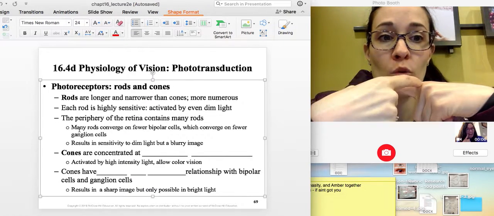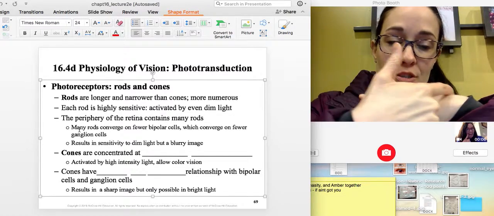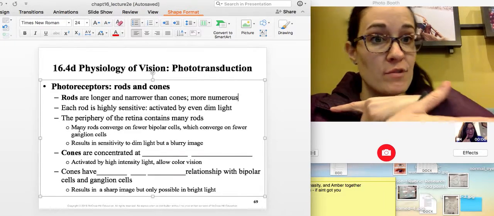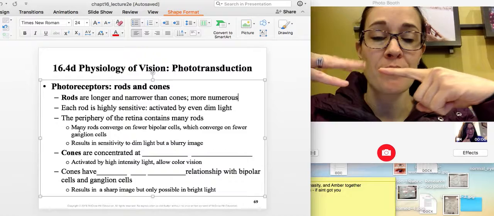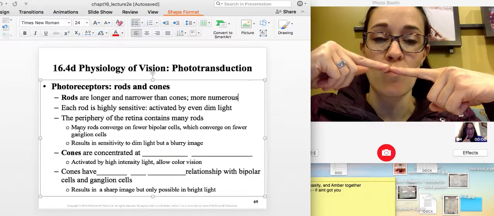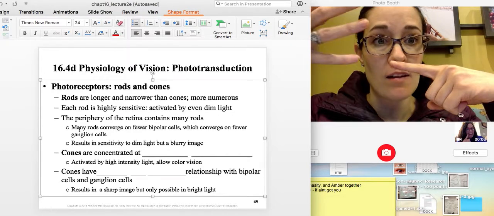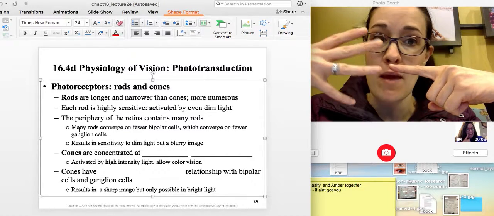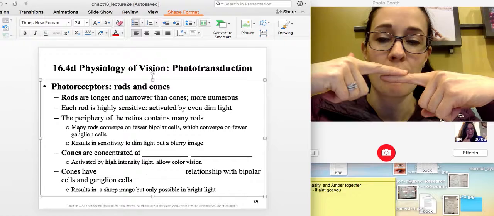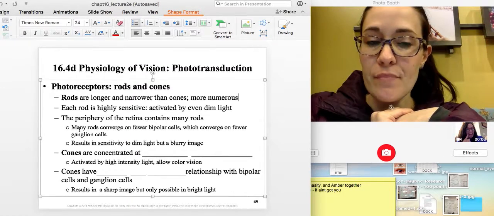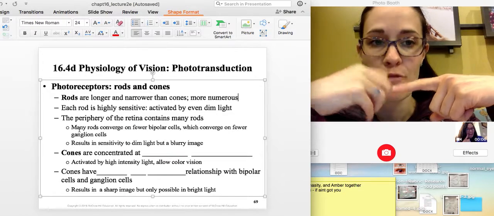Then the bipolar cell passes the message to a ganglion cell that sends it on the optic nerve to the brain. Many rods converge on one bipolar cell. This has a negative point: the image is slightly blurry, but it can pick up a lot of information.